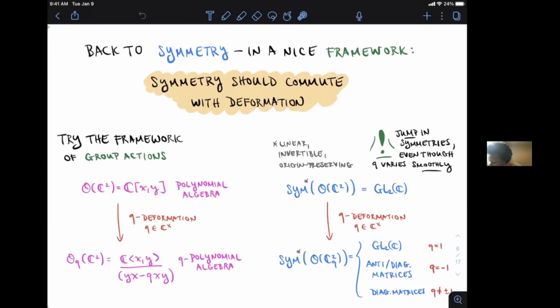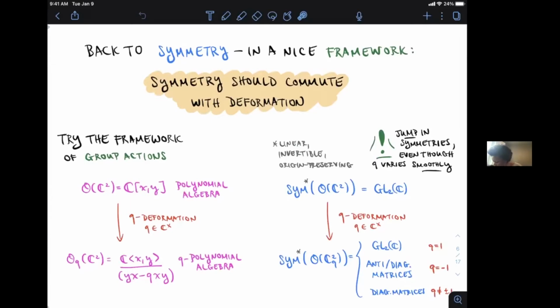When we take the collection of such symmetries, we end up with the group GL2C, just like we had for the complex plane. But when we move away from Q equal to 1 and take the same type of symmetries now for this algebra, this group shrinks. It shrinks dramatically.